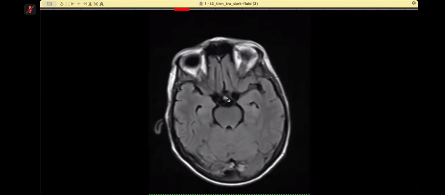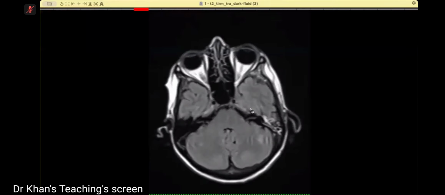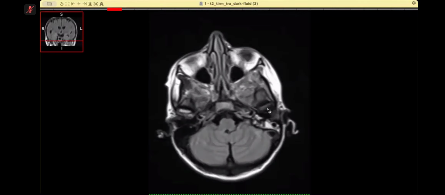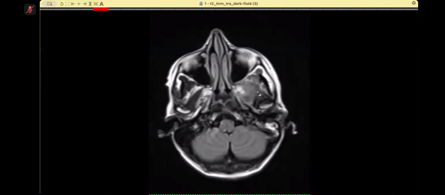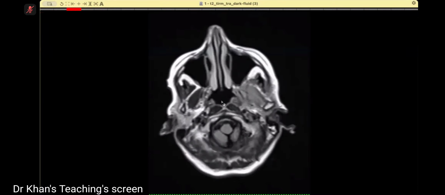Then if you go down, you can see that the stalk is thickened. Now it's a difficult one, but if you compare this side and this side, you can see that something is sitting there in the cavernous sinus. And then as we go down, you can see that in the masticator space, there is high signal versus this.